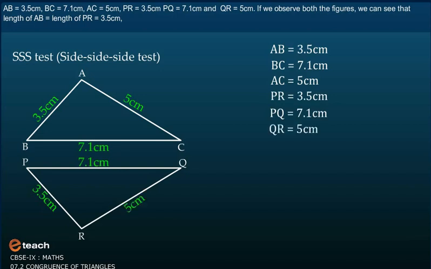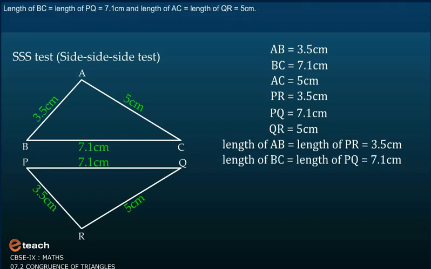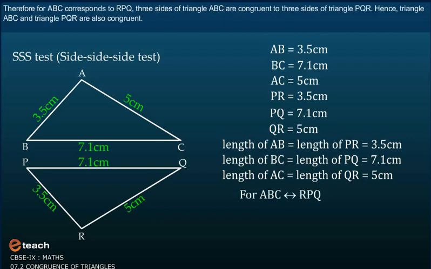If we observe both the figures, we can see that length of AB is equal to length of PR is equal to 3.5 cm. Length of BC is equal to length of PQ is equal to 7.1 cm, and length of AC is equal to length of QR is equal to 5 centimeters. Therefore, ABC corresponds to RPQ.